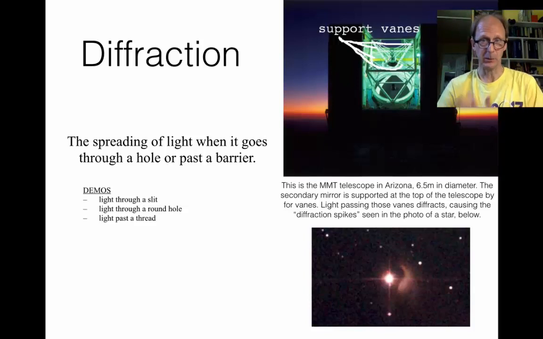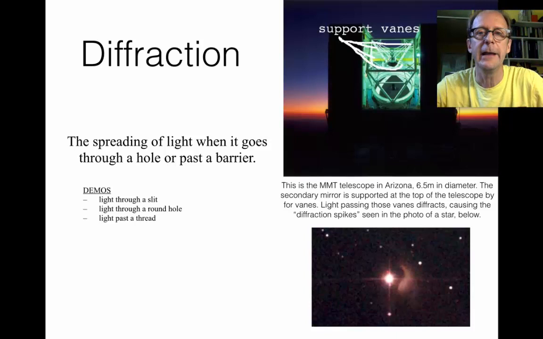And it's a little bit worse with a reflector, where you have that secondary mirror and the support vanes that hold up the secondary mirror. So here's an image of a star, highly magnified. It's a bright star, and you can see these spikes in the image. Those are not actually part of the star. Those are an artifact, a byproduct of the telescope itself.